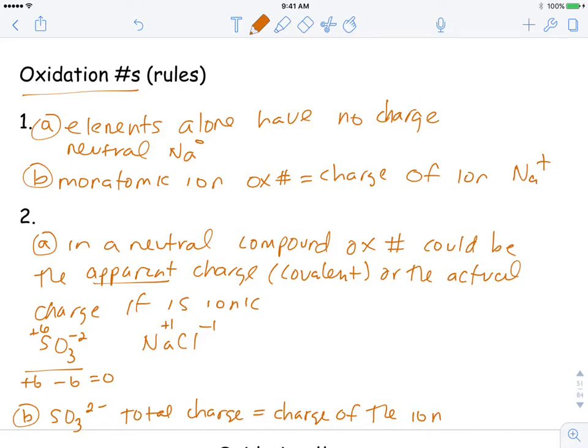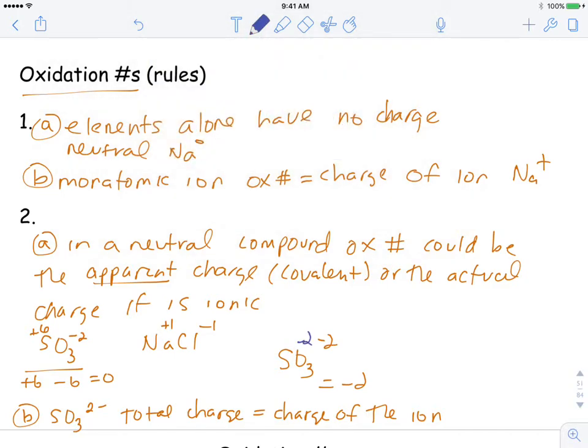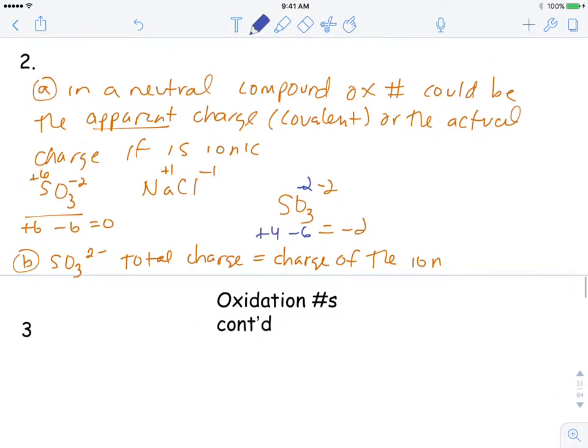So if we did SO3 over here, it would be equal to -2 in this case, because the charge of the ion is -2. If we then did the oxygen, well, the oxygen's -2. There's 3 of them, it's -6. Now the S is no longer +6, it has to balance out to -2. So the S would be +4. So these are the first 2 rules of assigning oxidation numbers.